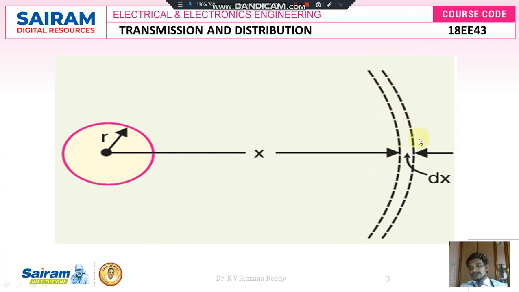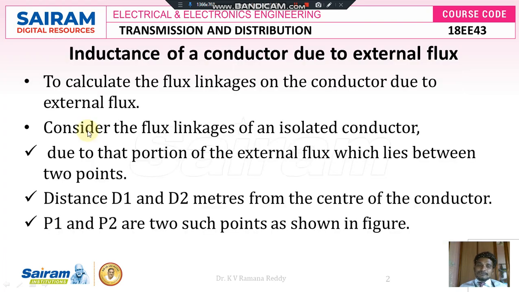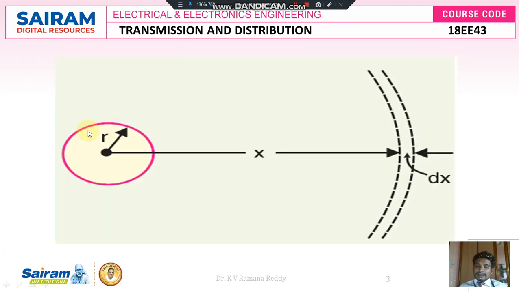These conductors also carry currents, and they develop flux. That flux links to this conductor which is shown in pink color here. This is the front view of the conductor. This flux, produced by the two conductors represented by the dotted lines, is linked to this conductor. By that time, some amount of inductance is added across the already existing inductance of the given length of the transmission line.